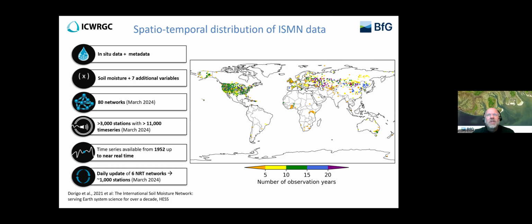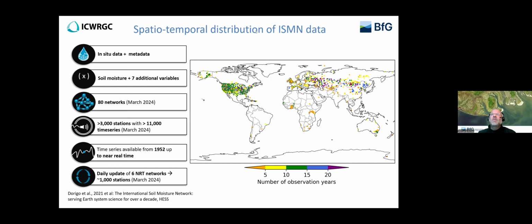These time series that we store are sometimes available down to 1952. This goes to near real-time time series, and at the moment we have 6 near real-time networks with about 1,000 stations that are updated in short time periods.